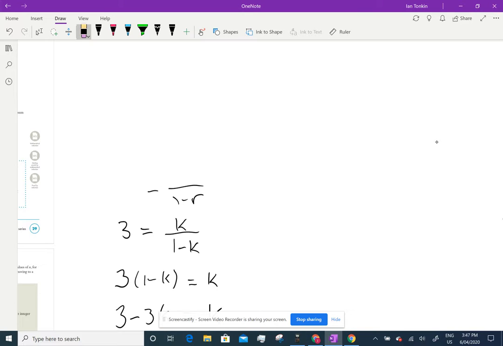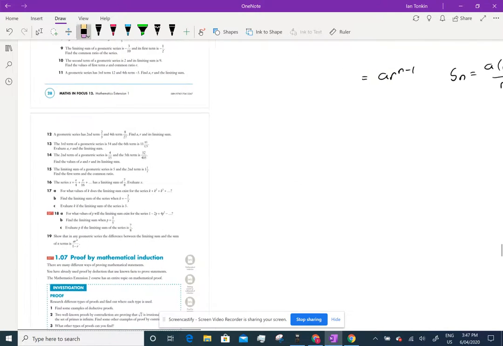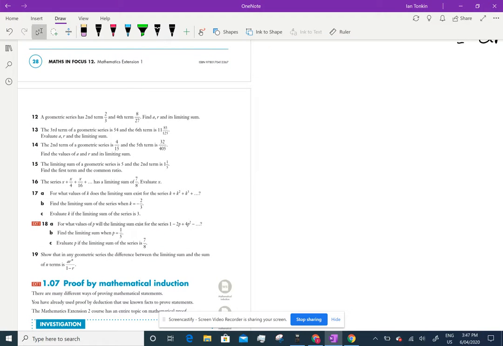So let's set it up. Show that any geometric series, the difference between the limiting sum and the sum of n terms is. So 19. S of infinity is A on 1 minus R. S of n is A R to the n.